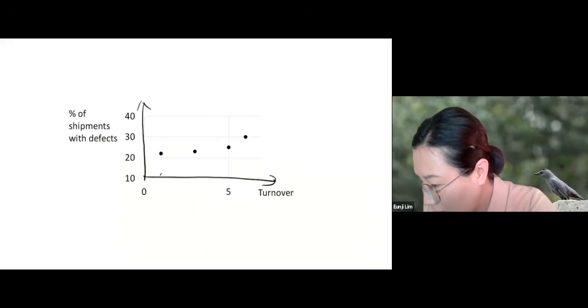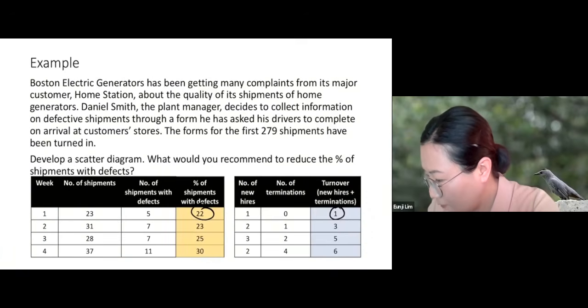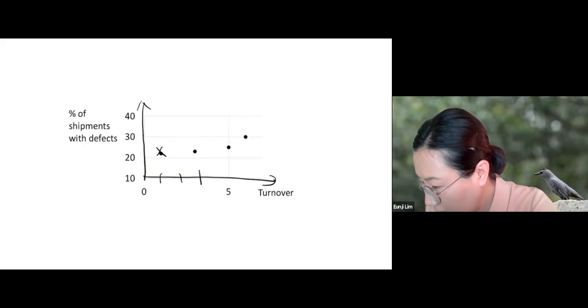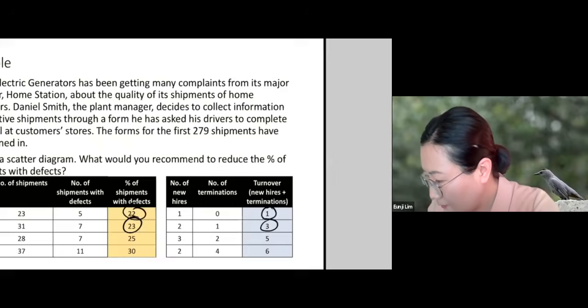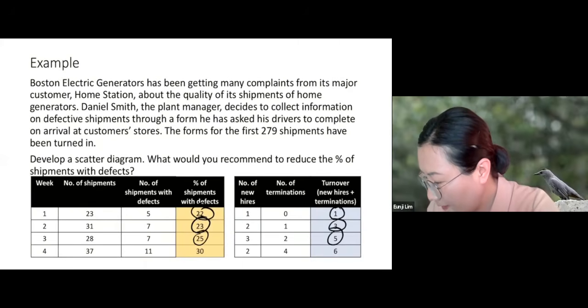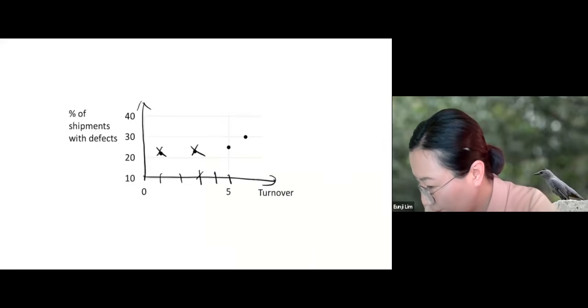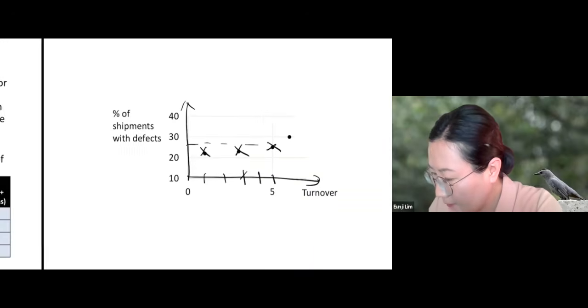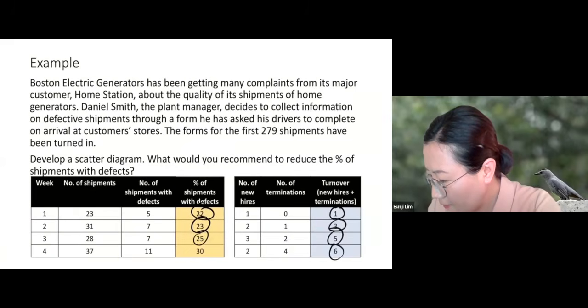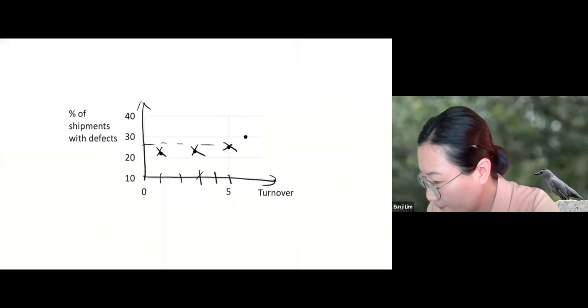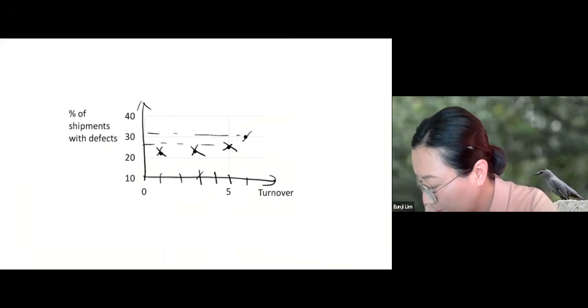So it's 1 and 22. And 3 and 23. And 5 and 25. And 6 and 30.